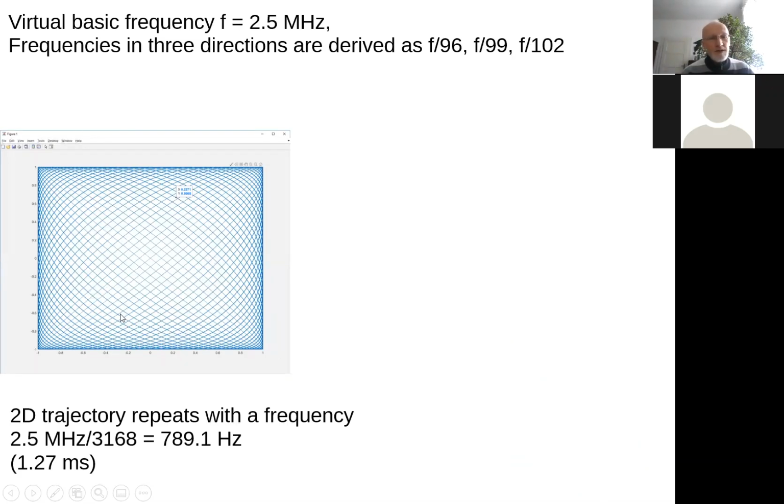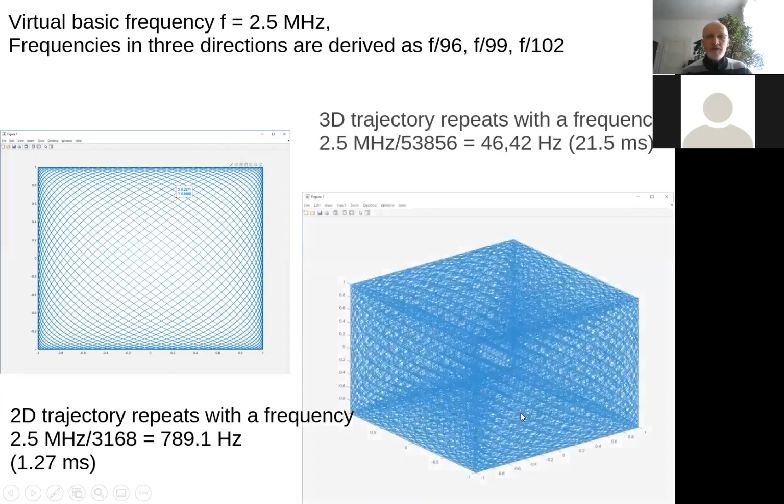Here you can see how dense the net is in 2D. So this is the 2D trajectory for two directions of the drive field. And if we use a 3D drive field in 3 directions, it looks something like this.